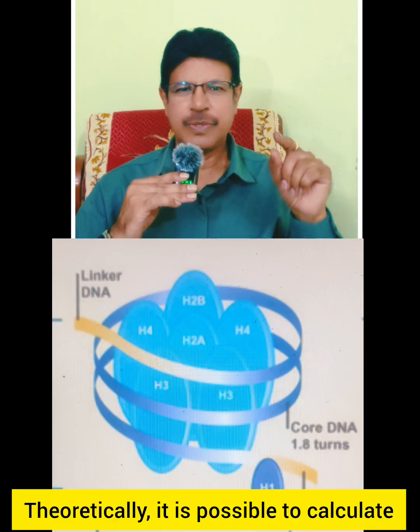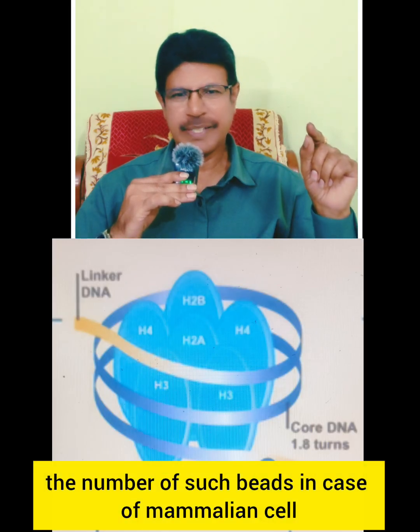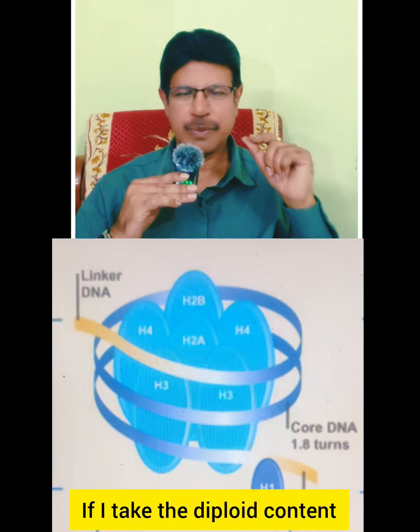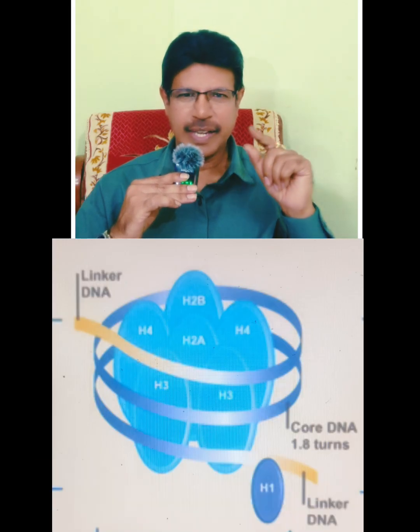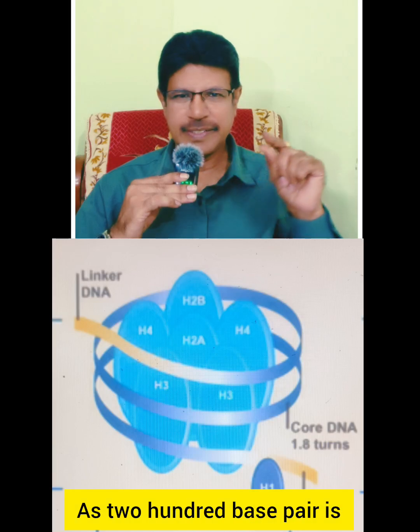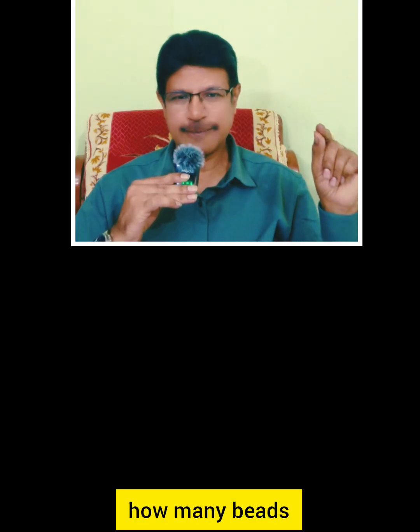Theoretically, it is possible to calculate the number of such beads in a mammalian cell. If we take the diploid content, 6.6 into 10 to the power of 9 base pairs, as 200 base pairs is equivalent to 1 bead, then 6.6 into 10 to the power of 9 base pairs is equivalent to how many beads?